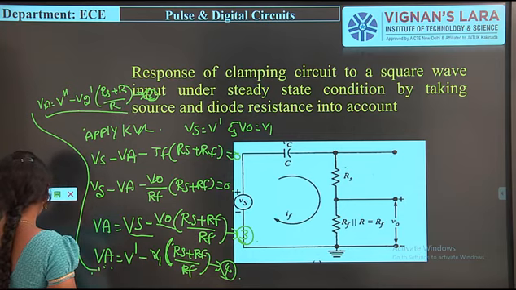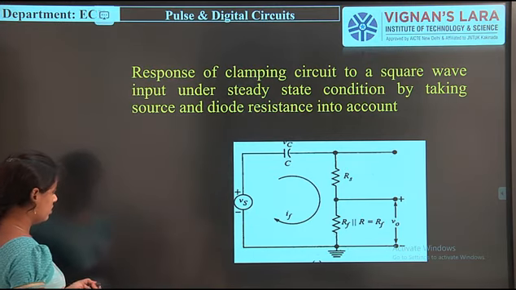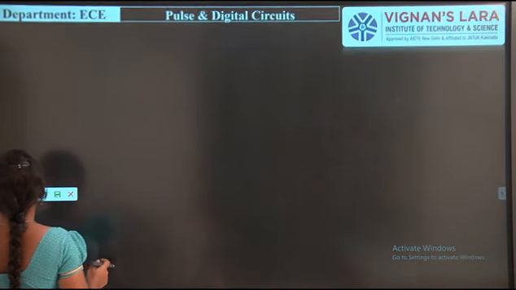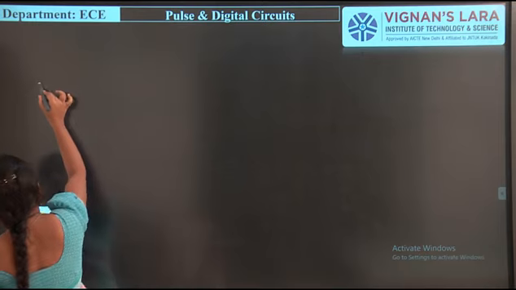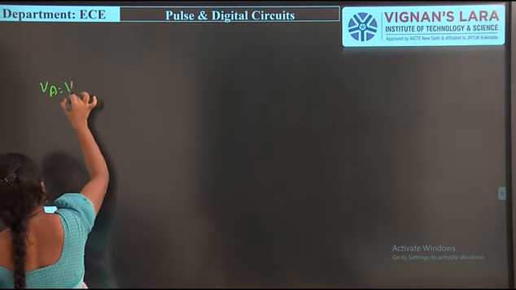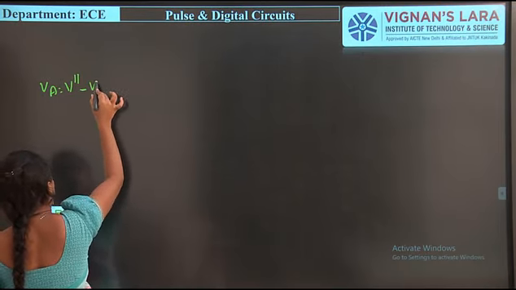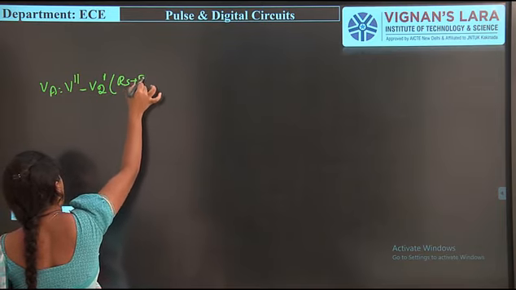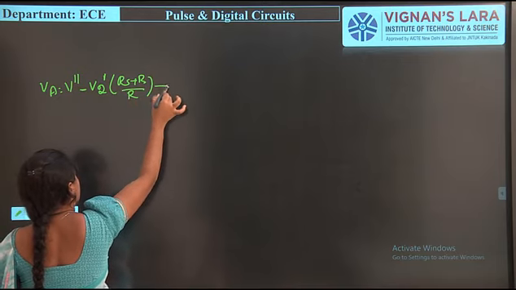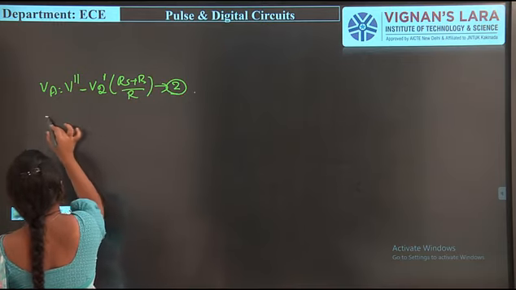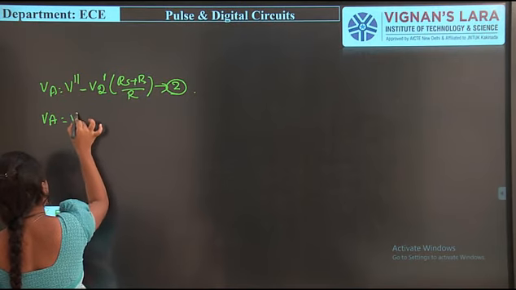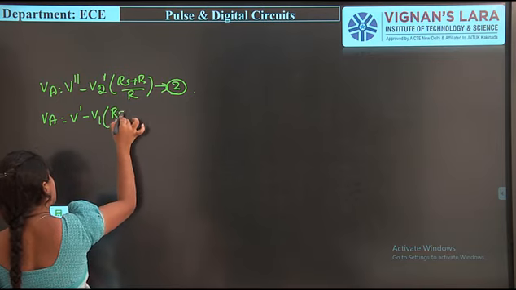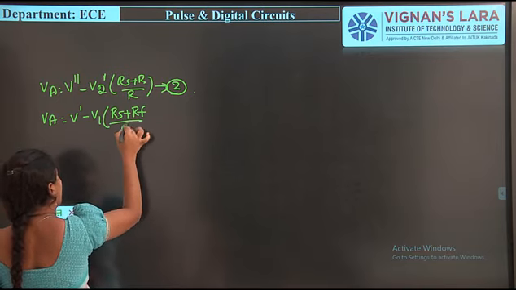So equation number 2 and equation number 3 I have to write here. What is equation number 2? Equation number 2 becomes Va is equal to V double dash minus V2 dash (Rs plus Rf) by Rf, and equation number 1 becomes V dash minus V1 by (Rs plus Rf) by Rf.